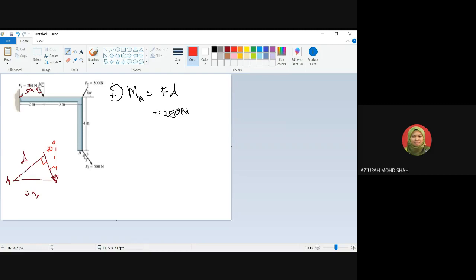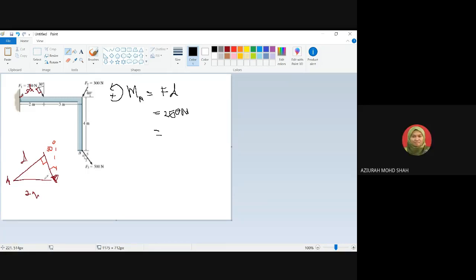How do you find this D? Cos 60. Are you sure cos 60? Either 60 or 30.